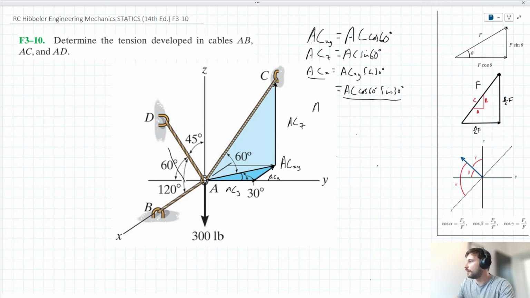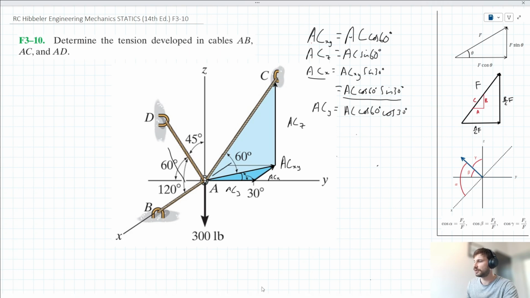We can use the same idea for the Y component of AC. We can say that this is equal to AC cos 60, since that's our XY component, times cos 30, okay? I hope that makes sense to you guys. So we've broken AC down there.